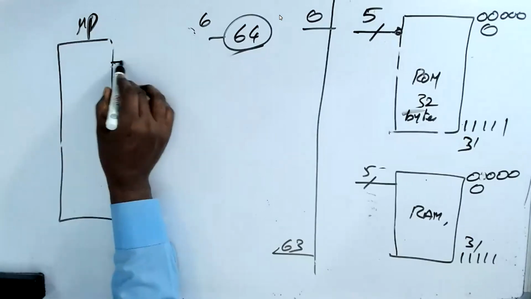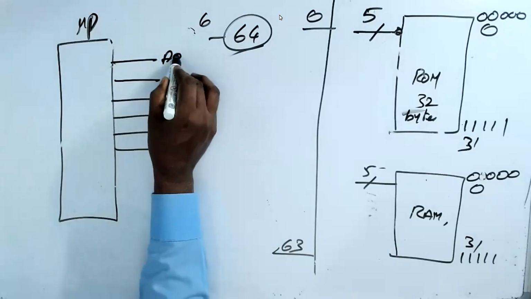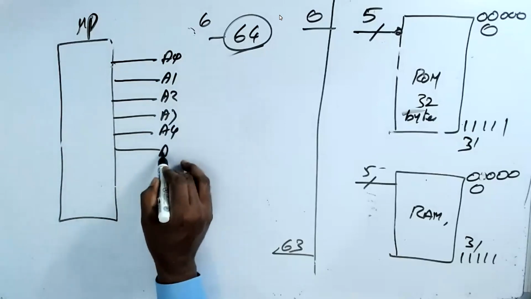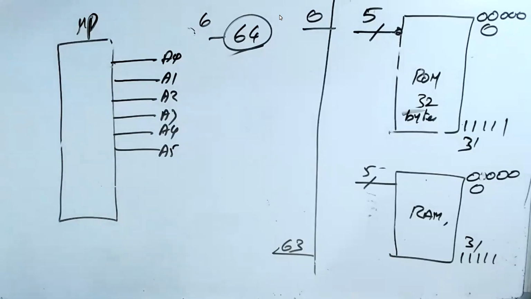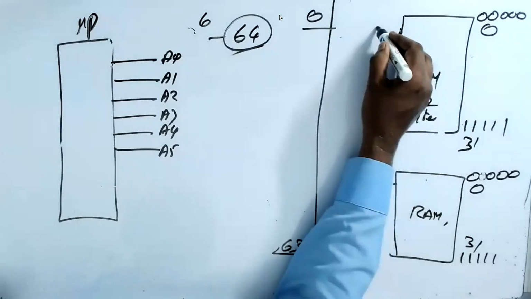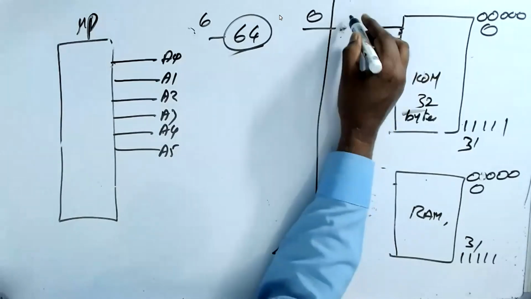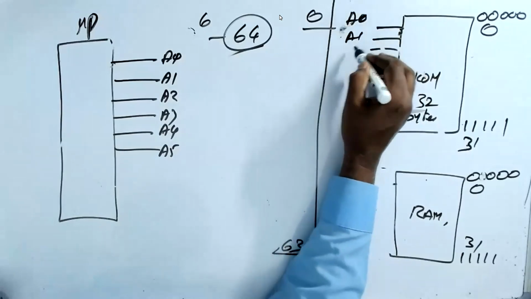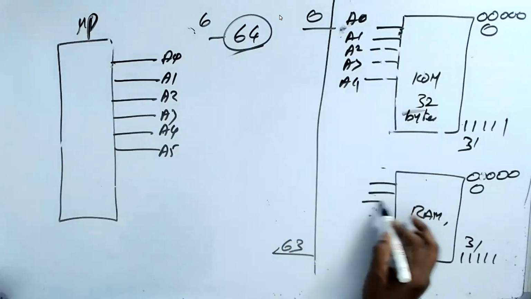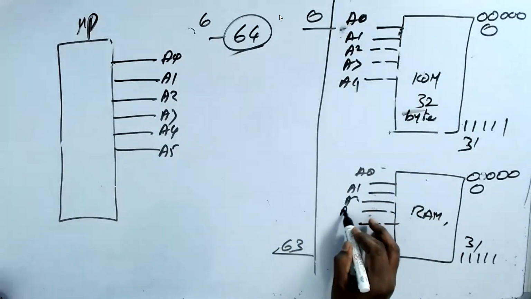Initially we were discussing A0, A1, A2, A3, A4, A5. But this one has only 5 wires: A0, A1, A2, A3, A4.